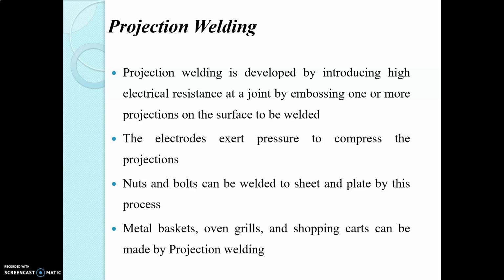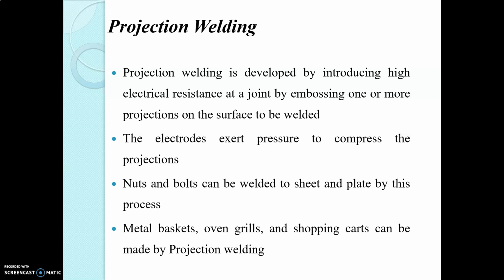The welds may be more closely spaced than is possible with spot welding. There is no thickness limitation, and the life of the electrodes used is longer as compared with the life of spot welding electrodes.